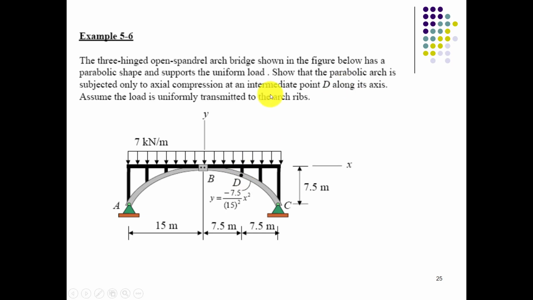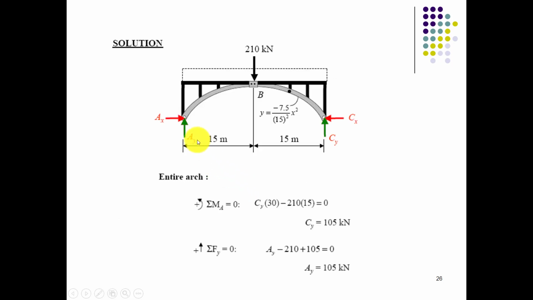Let's see, first we have to calculate the values of reactions by taking the sigma Fy equals 0 and by taking the sigma moment at any point equals 0. So we have the values of Cy and Ay coming up as 105 and 105 because it has a UDL, uniformly distributed load over it.